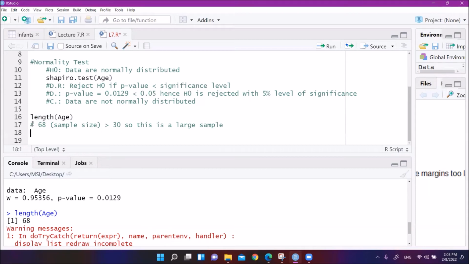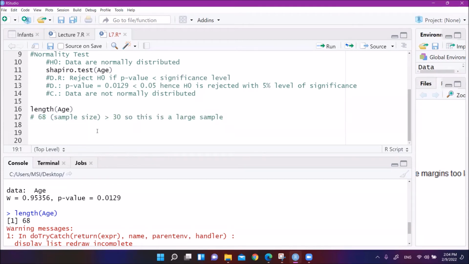Right. Just because I want to teach you both the parametric and non-parametric tests, I'm doing both here. So I'm going to say the sample size is large, so I'm going to use the parametric test.